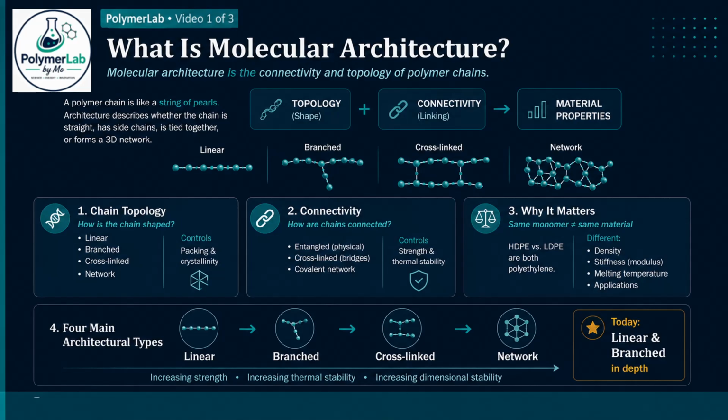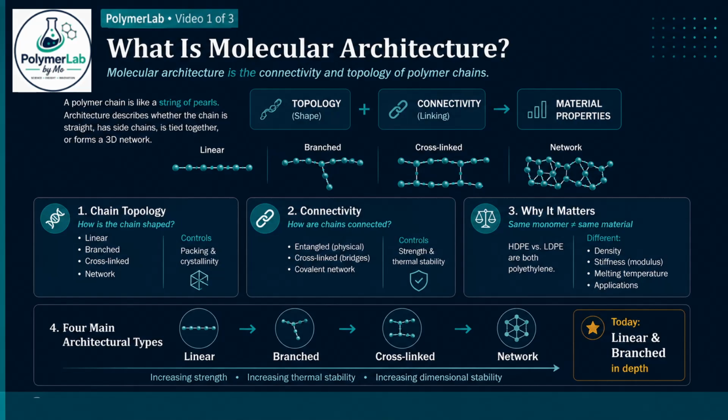Molecular architecture is the term we use to describe the connectivity and topology of the polymer chains. How monomer units are joined together and whether those chains are stand-alone or connected to each other. Think of it this way.